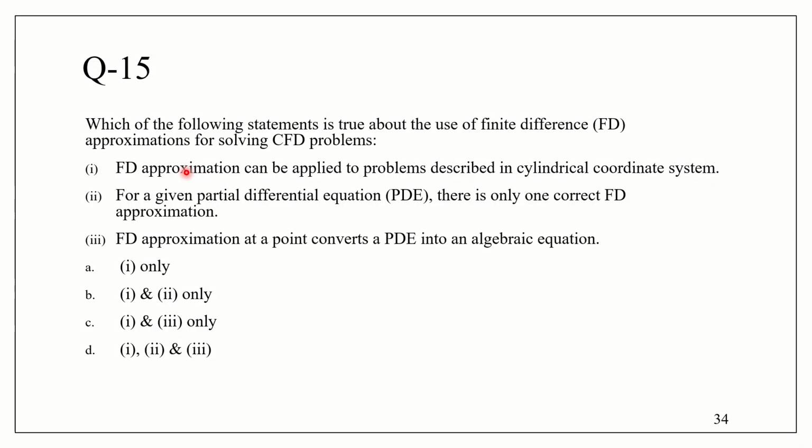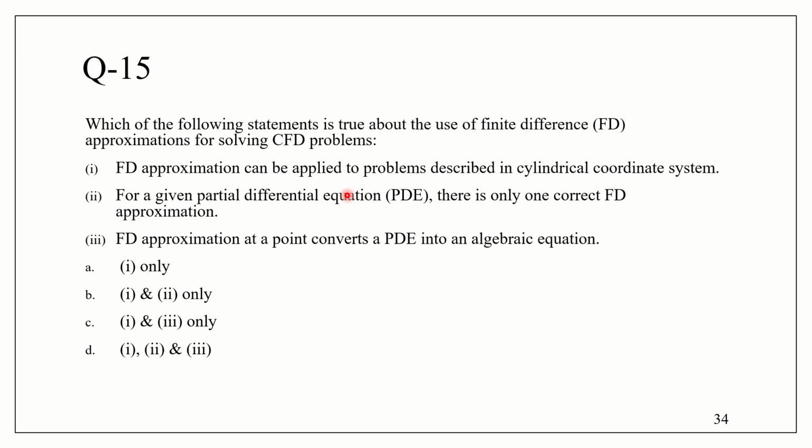The first statement mentions that FD approximation can be applied to problems described in cylindrical coordinate system. Can FD approximation be used in cylindrical coordinates? Yes, it can be used in the cylindrical coordinate system as well, with different coordinates, that is r, theta, z. For the second statement, for a given partial differential equation, there is only one correct FD approximation.